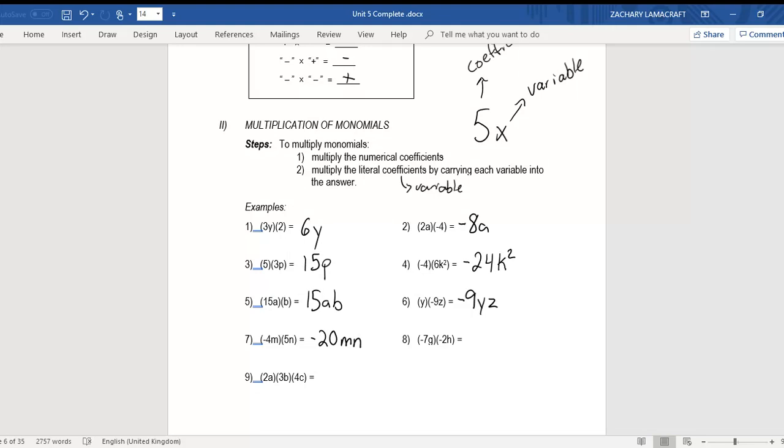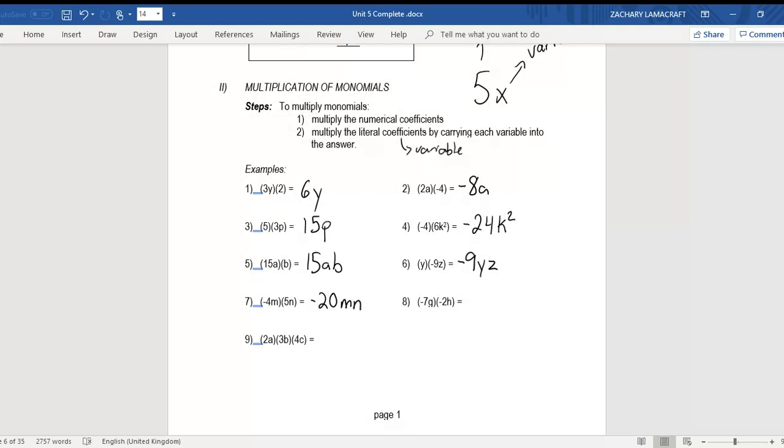Couple more examples here. We have negative 7g times negative 2h. Well, it would be negative 7 times negative 2, two negatives equaling a positive number, that being 14. And we have gh that we're left with.